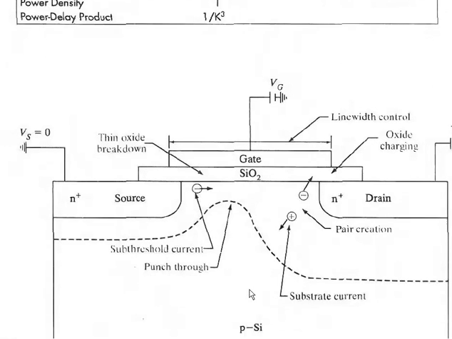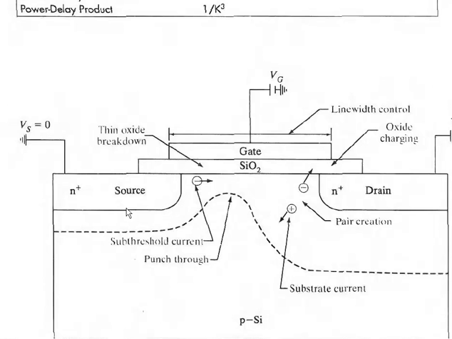So we can see that the electrons move from source to drain, and some of them gain higher energy and try to overcome the oxide barrier potential.